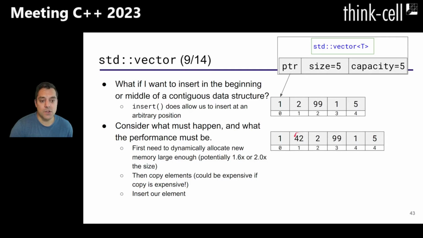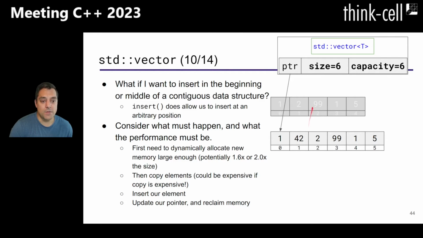And then we can construct or insert that object there. In this case, it's just an integer. And then we need to free the previous memory and make sure that our internal pointer inside of the vector, which the standard library takes care of for us, points to the newly allocated memory where we've copied everything. So that's what's going on if we want to insert at an arbitrary position in a vector.